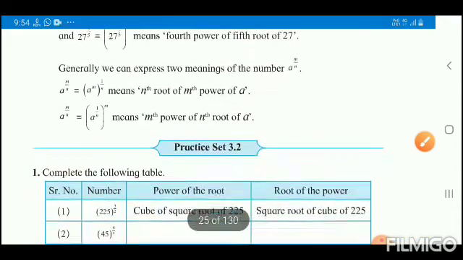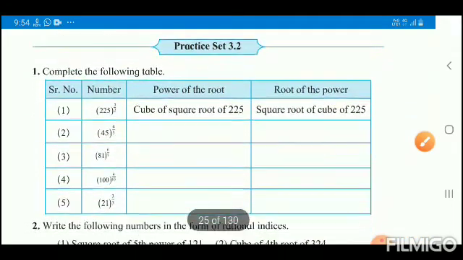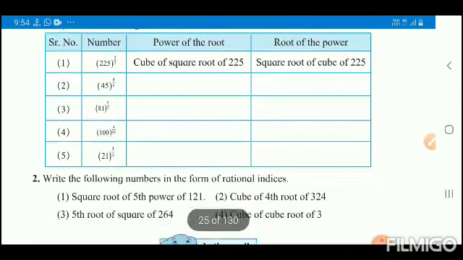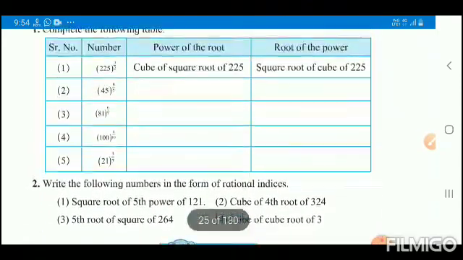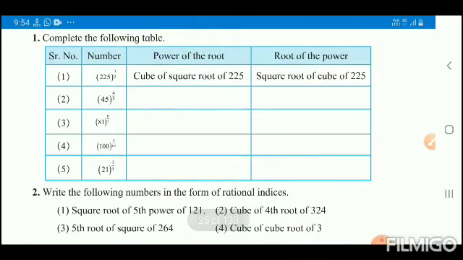Whatever examples they have given in your practice set 3.2, you have to solve according to these rules. Look, complete the following table. Here they have given one example, that is 225 raised to 3 upon 2. First they have written this as power of the root, and second they have written root of the power.